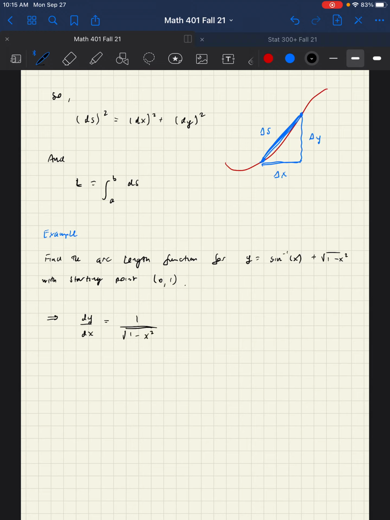The derivative of sine inverse is 1 over the square root of 1 minus x squared, plus the derivative of the square root of 1 minus x squared, which is minus 1 over 2 square root of 1 minus x squared, which means this just ends up being 1 over 2, is that right?